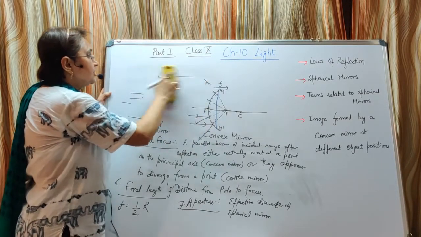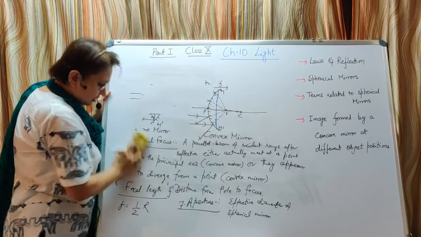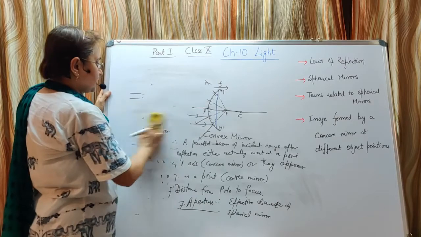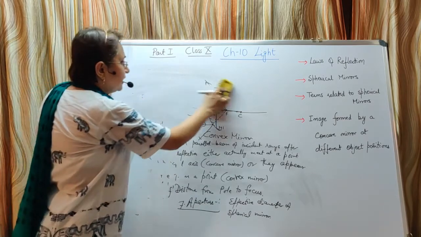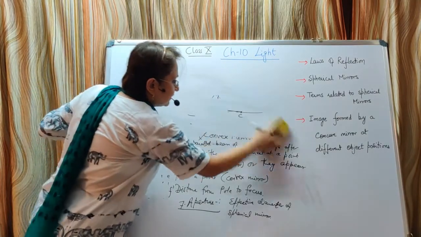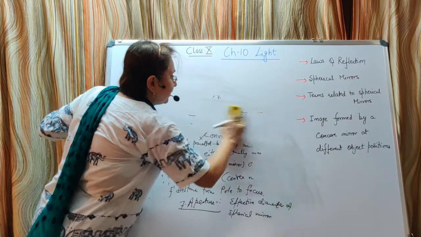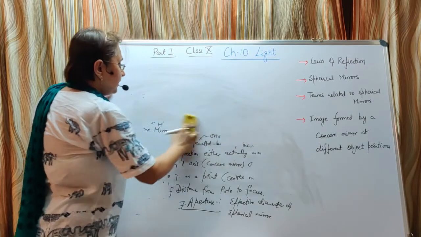Before this image formation, there are some rules which you have to remember. Whether it is a concave mirror or a convex mirror, that is, in case of a spherical mirror, there are a few rules which you have to remember for the image formation.